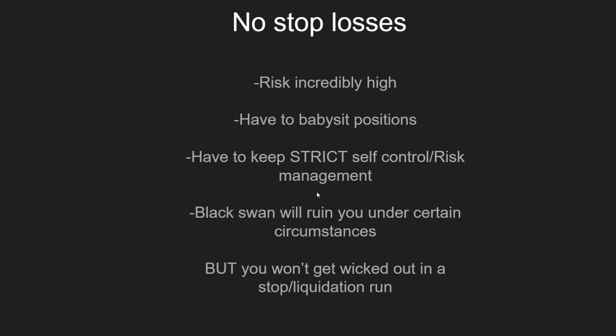A black swan will ruin you under certain circumstances, but you won't get wigged out in a stop liquidation run. Guys, I am sure there will always be a black swan event. It's just a matter of when. I've been in this space for quite a while, and there will always be another black swan event.